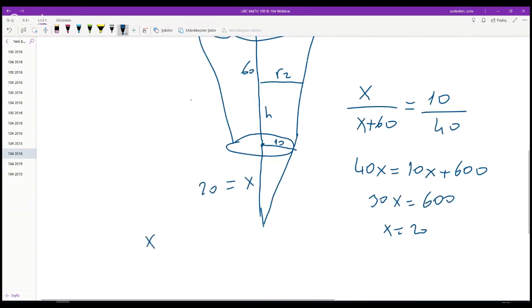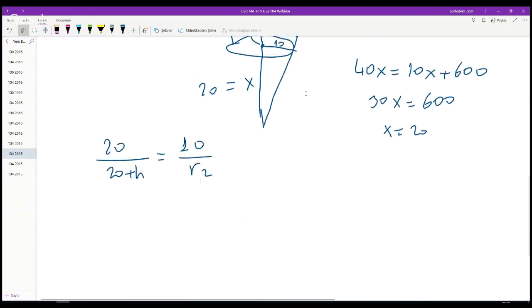Now we can write the equation for R2. So we have found x. So we have 20 over 20 plus height equals 10 over R2. That is the equation. So that means 2R2 equals 20 plus height.